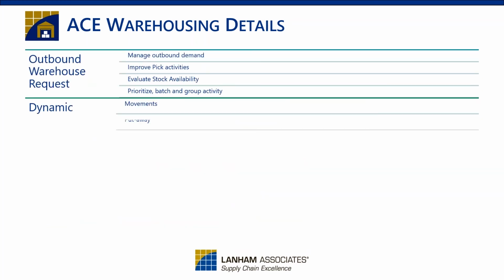Now, we've already talked about outbound warehouse requests. The other element of our ACE warehousing wireless solution is what we call dynamic. The dynamic means to us that we create the activity on the device and we execute that activity. So if I'm doing movements, if I'm doing putaways, or if I'm counting, I want to be able to use the device to create it and execute it.